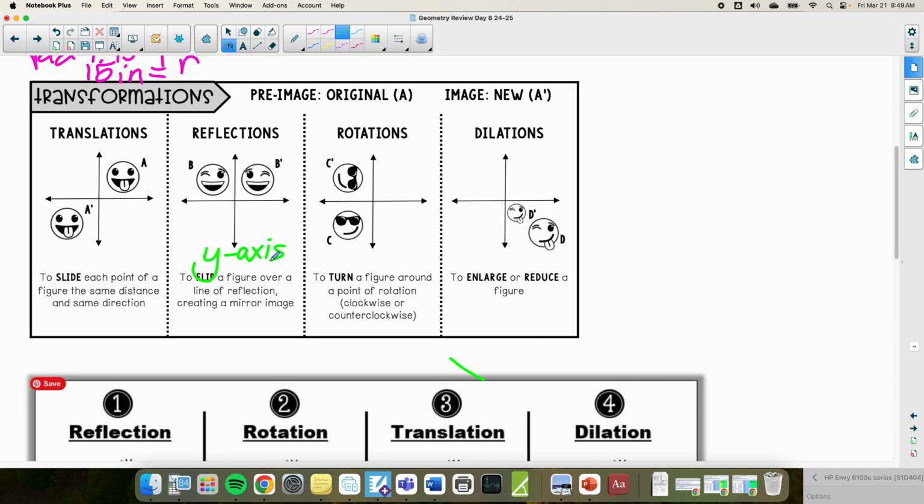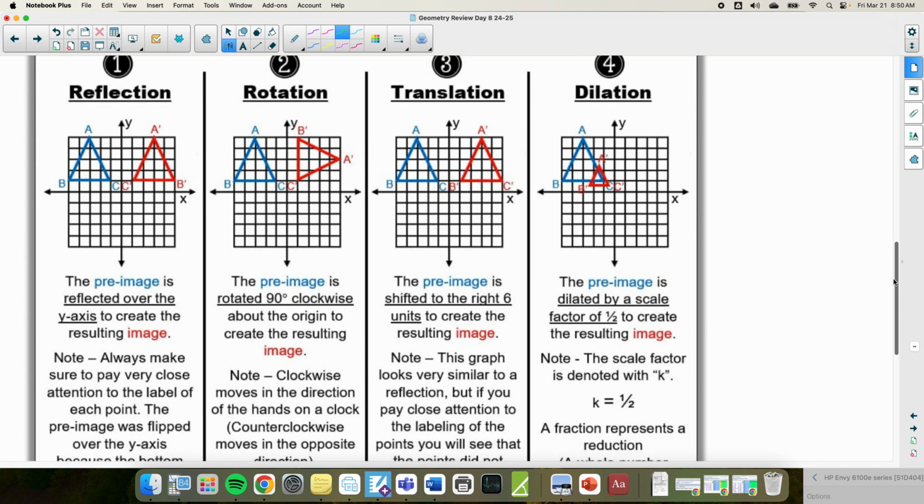This one you might first think is a reflection over the y, but notice that they're not the same, and they would have to be. So this one was actually rotated about the origin. So it was rotated probably at a 90-degree angle at the origin, and that's how they got that new figure. And then dilations we just talked about, okay?